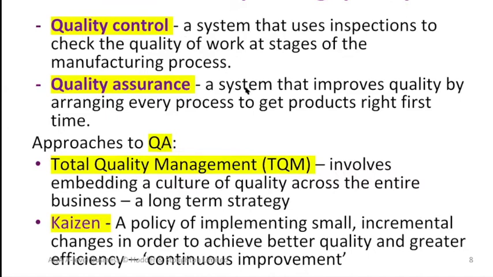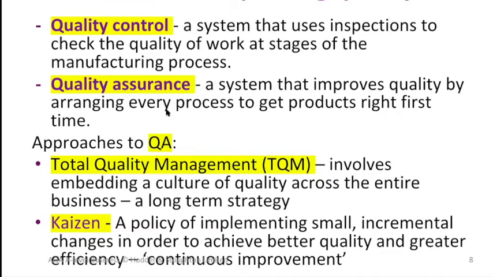Okay, so for quality control, it's the system that uses inspections to check the quality of work at different stages of the manufacturing process. So for quality control, the key thing is inspection, but they only check the quality at the end of each stage. But the difference for quality assurance is this system that improves quality by arranging every process to get product right the first time.